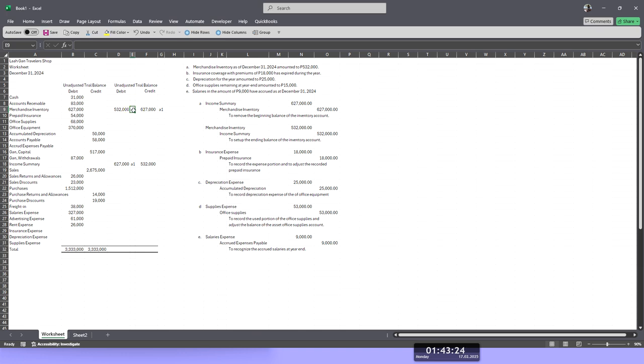And this is adjusting entry letter A2, and this is also credit of adjusting entry letter A. And then the next letter B is debit insurance expense here, 18,000, and then credit prepaid insurance 18,000.